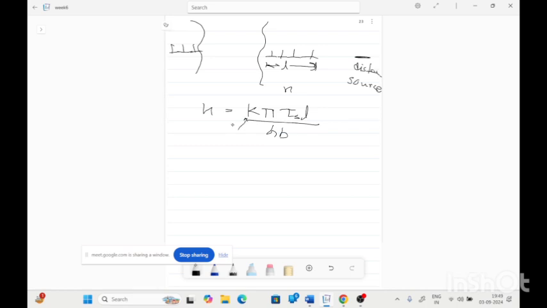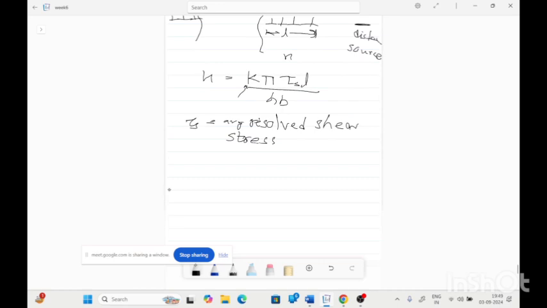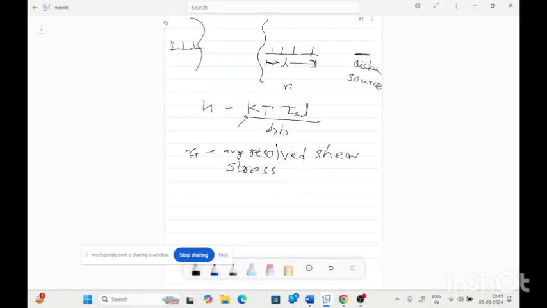Here k is a constant, tau_s is the average resolved shear stress, G is the shear modulus, b is the Burgers vector, and L is the dislocation pileup length.